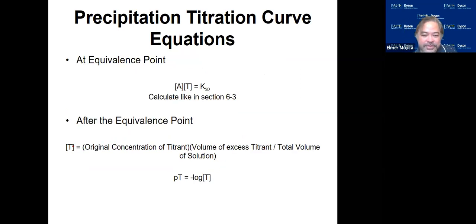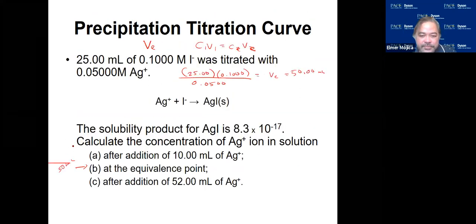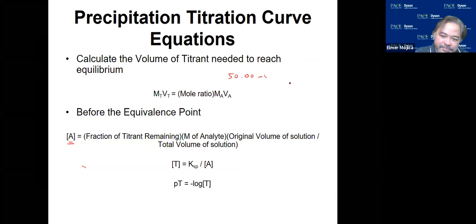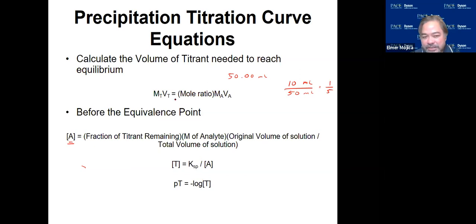So what do we have here? 10 mL. So 10 mL over 50 mL, what is that? One-fifth, right? So in terms of the fraction of titrant remaining, what would be the fraction remaining? If one-fifth of that reacts with the silver, so you have here what? Four-fifths?